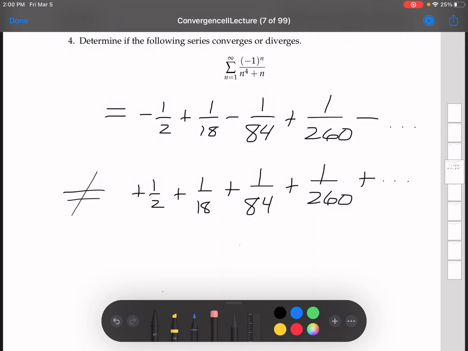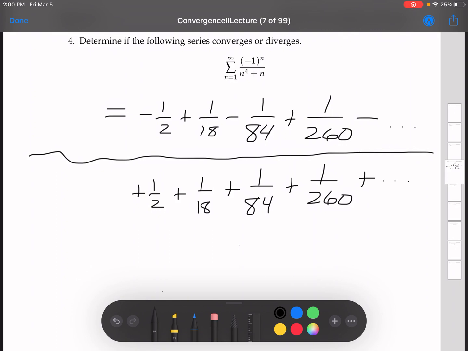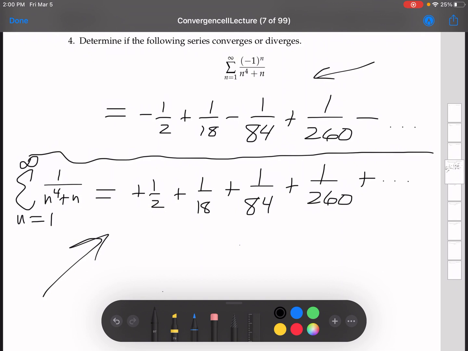But we have a theorem that says that, I'll put this line in between to indicate that these are not the same thing, that if this series here converges, then we know that this series converges.